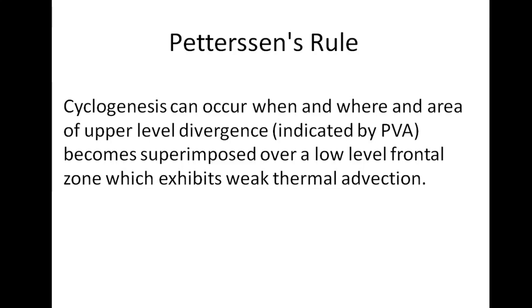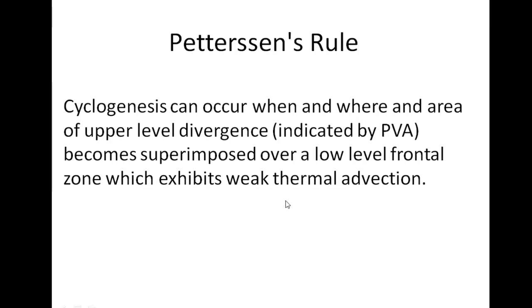It shows the positive and negative vorticity over the area. If you have positive vorticity, which is the indication of rotation in the upper levels, that shows upper level divergence. That's an indicator. And that becomes superimposed over a low level frontal zone, which exhibits weak thermal advection.